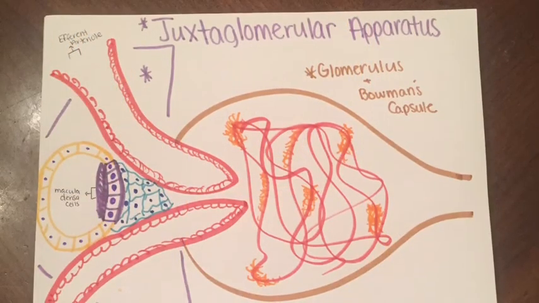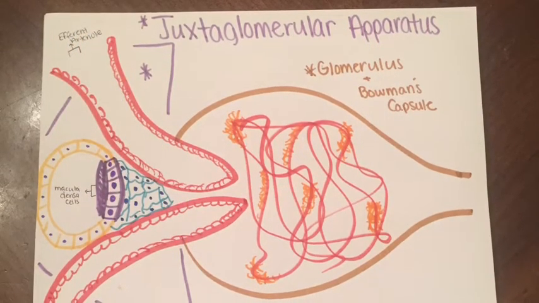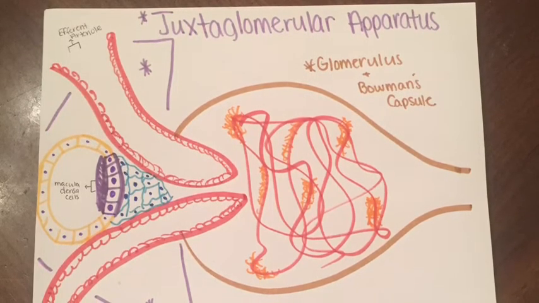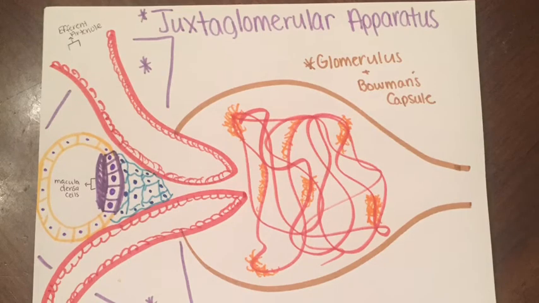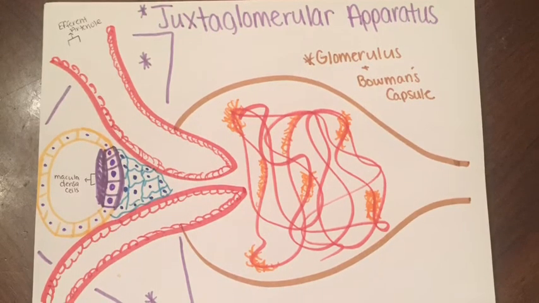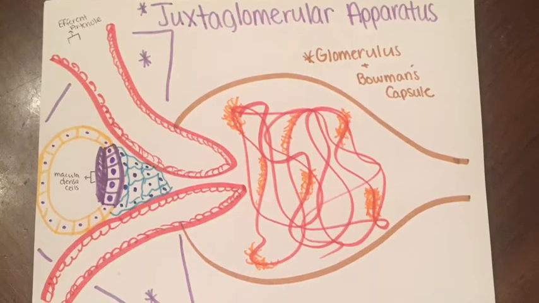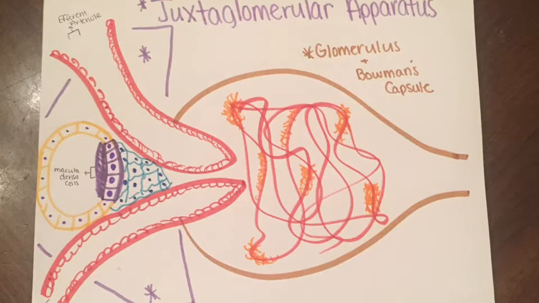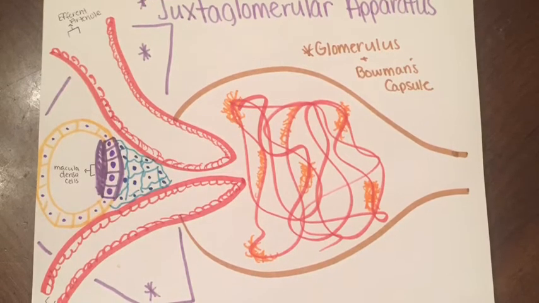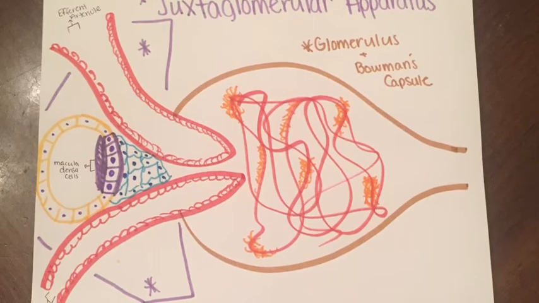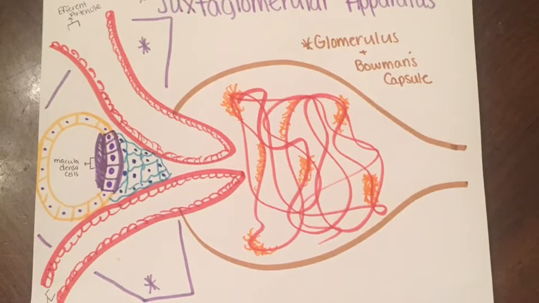The next structure we'll talk about is the Juxtaglomerular Apparatus, which is also called the JG apparatus. This is a place where the ascending limb from the nephron loop comes in contact with the afferent arteriole. Components of the JG apparatus. It contains a macula densa, which is a patch of cells in the ascending loop, and those cells are chemoreceptors and osmoreceptors.